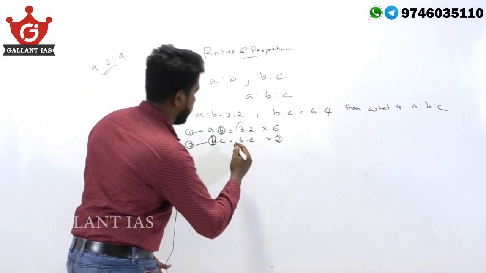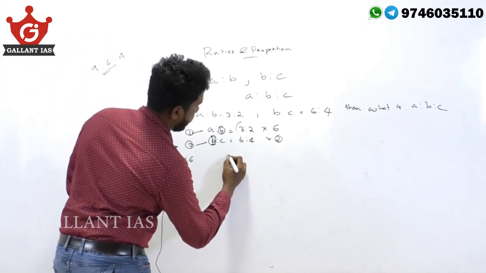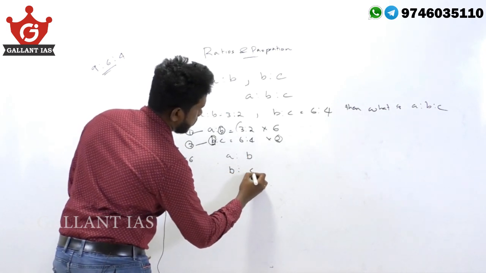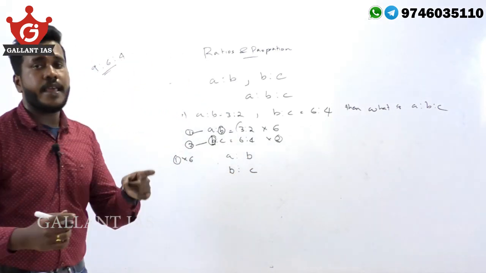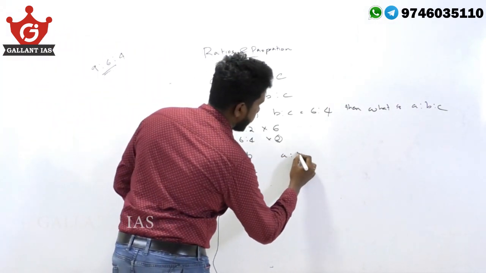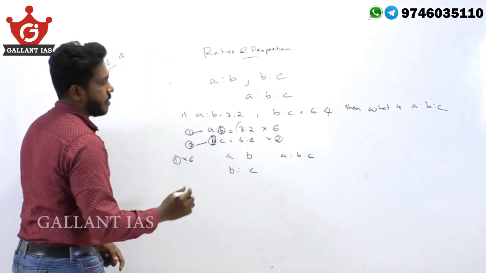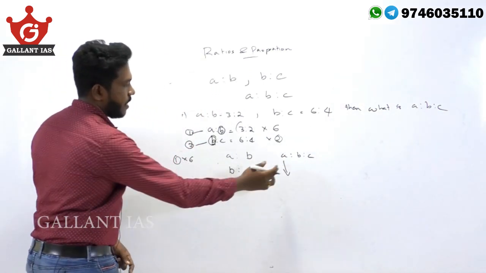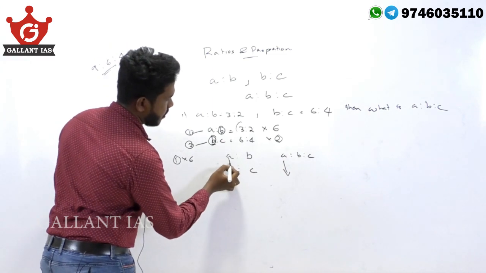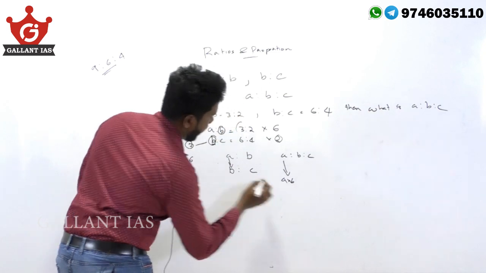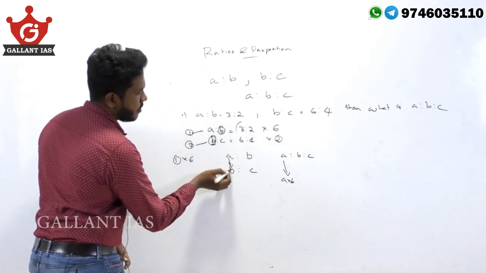What's the shortcut method? So here we got two equations, A is to B and B is to C, and our aim is to find A is to B is to C. Our shortcut method is: we get the value of A by multiplying these two values, that is A into B gives the value of A. That is the downward arrow.